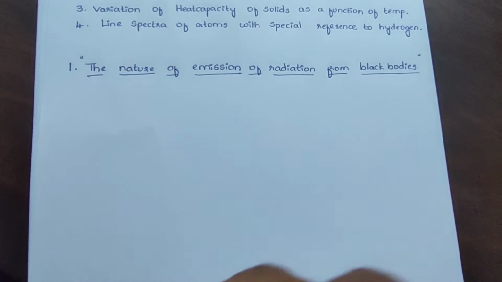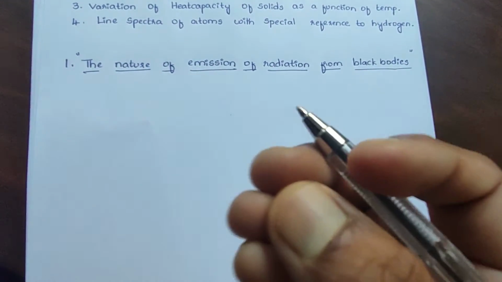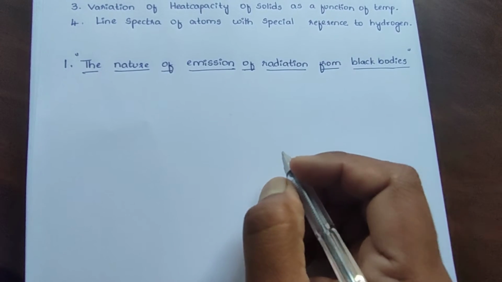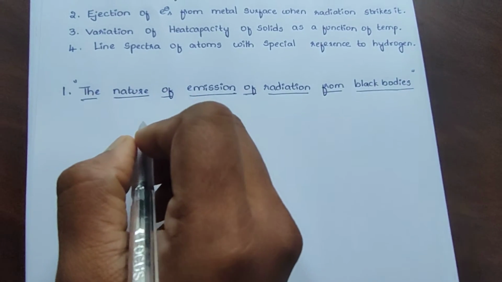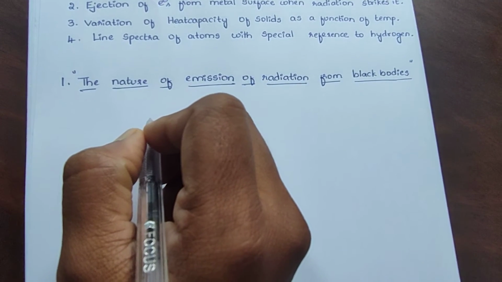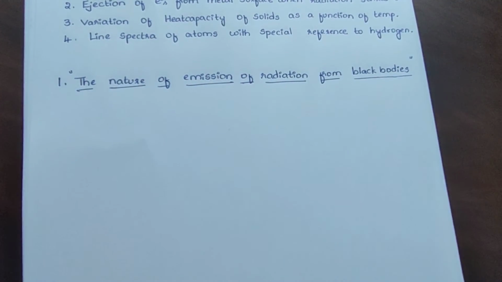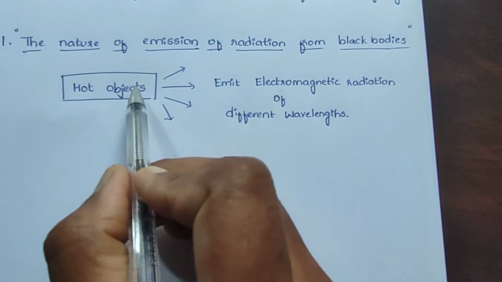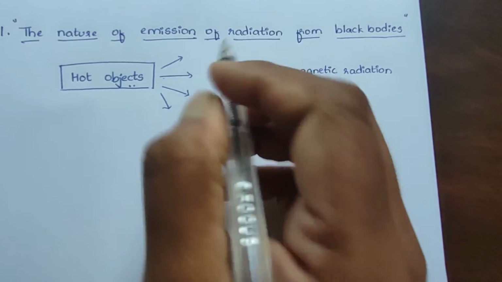That is, when we heat an object, it releases electromagnetic radiations of different wavelengths. Hot objects emit electromagnetic radiations of different wavelengths.